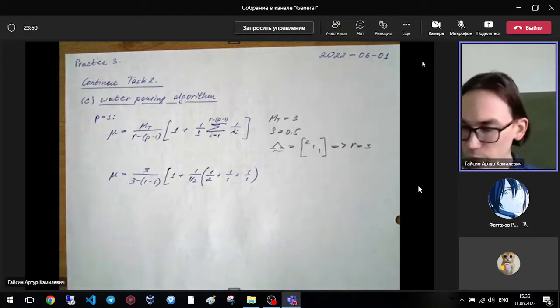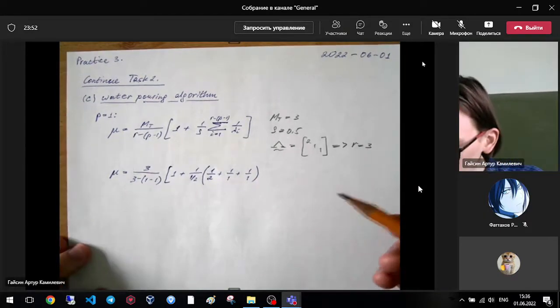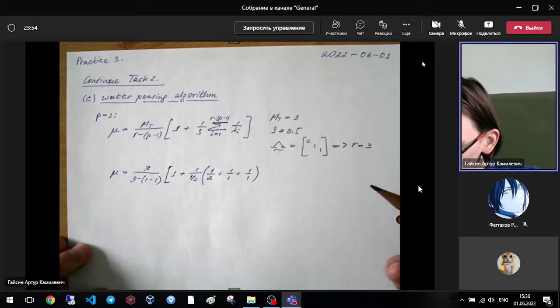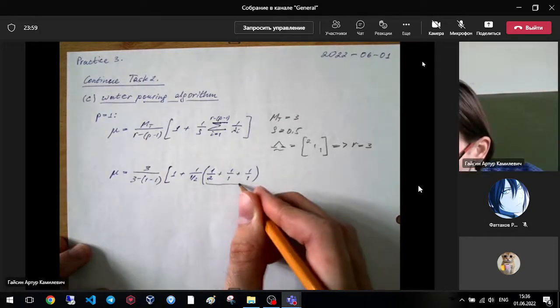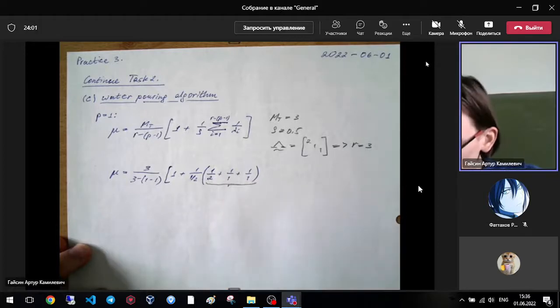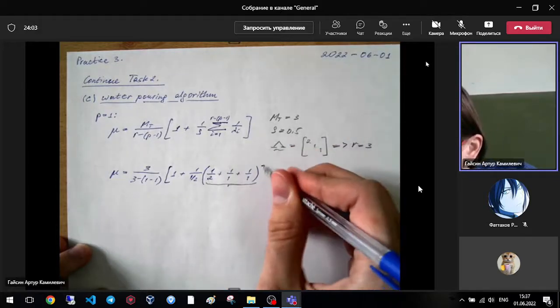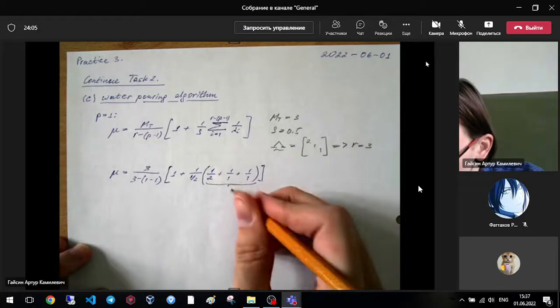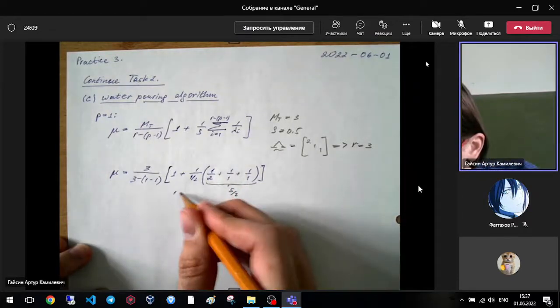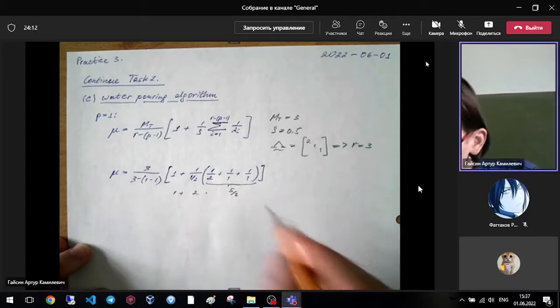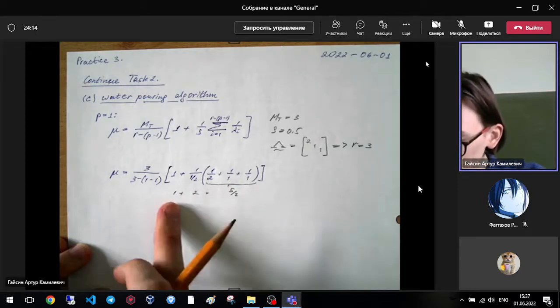So let's see what we have here. This thing is equal to 5 divided by 2. Then we multiply it by 2 and add 1 here.